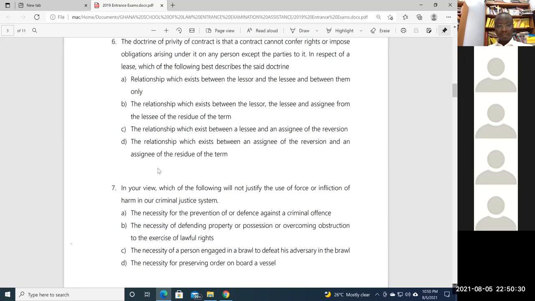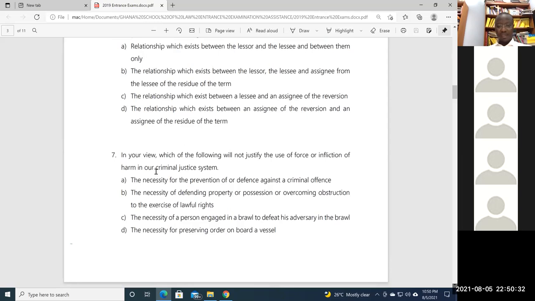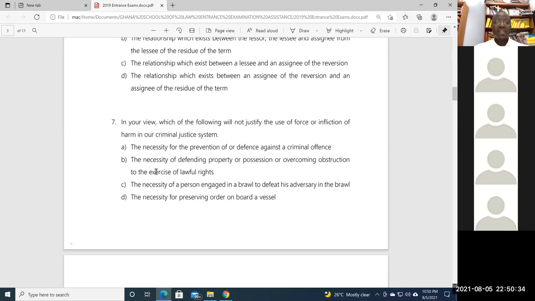So let's go on to another area. That is question number 7 of the 2019 paper. As I keep telling you, I'm not saying that they're necessarily going to repeat the 2019 paper. I am revising generally with you, and the questions provide some prompts for us to talk about something.